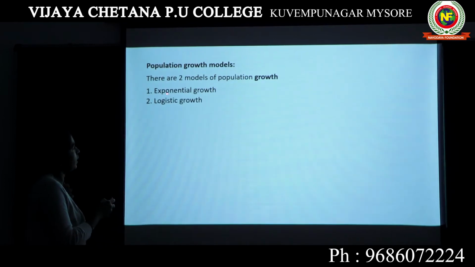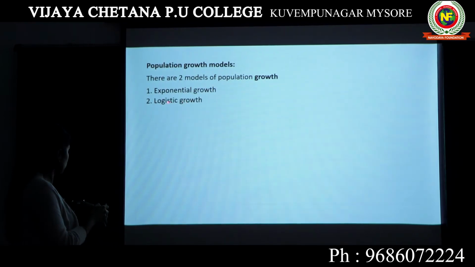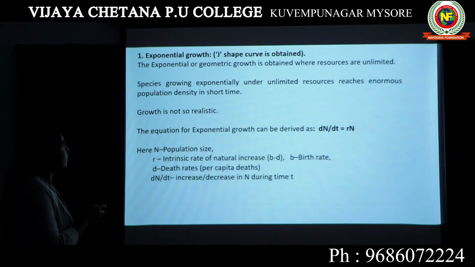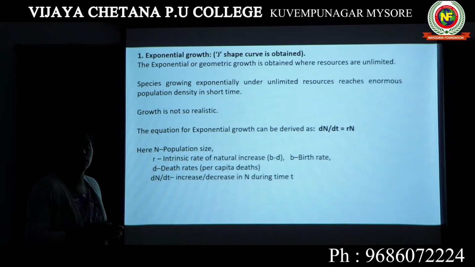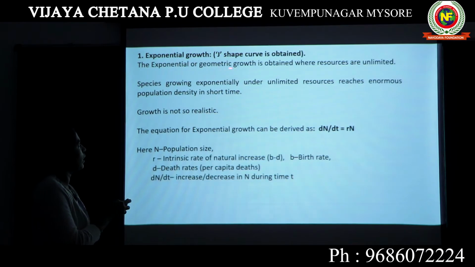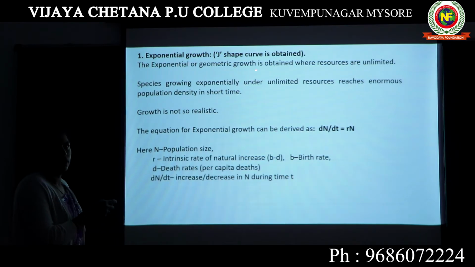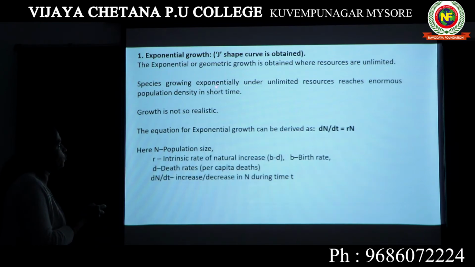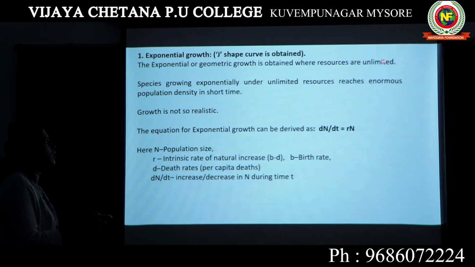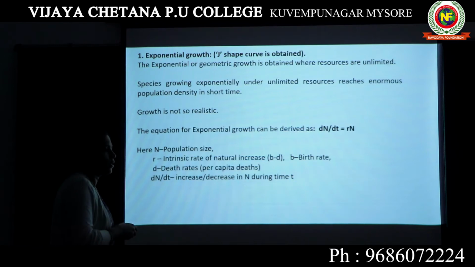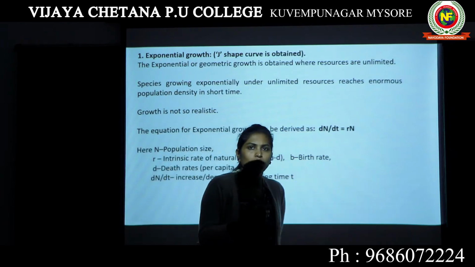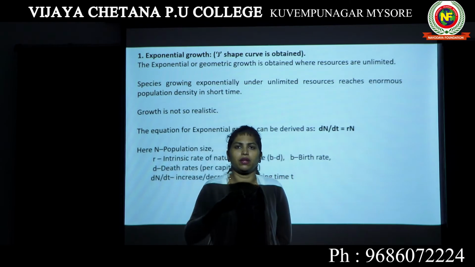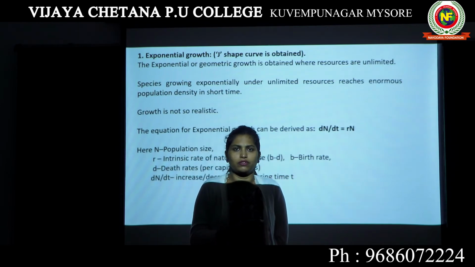Let's study in detail about both exponential growth and logistic growth. So this is exponential growth. Exponential growth can also be known as geometric growth. Here you can read this: species growing exponentially under unlimited resources reach enormous population density in short time. Now I inoculate the bacteria in a particular medium by providing it a lot of resources.